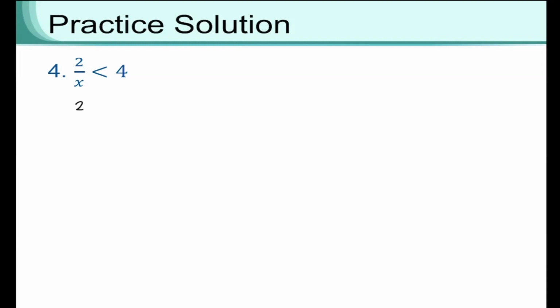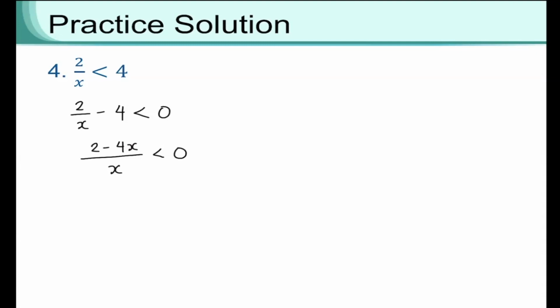So it becomes 2 over x minus 4 less than 0. Now we combine the left-hand side into a single fraction. We'll get 2 minus 4x over x less than 0. And now this is similar to an example that we solved in class.